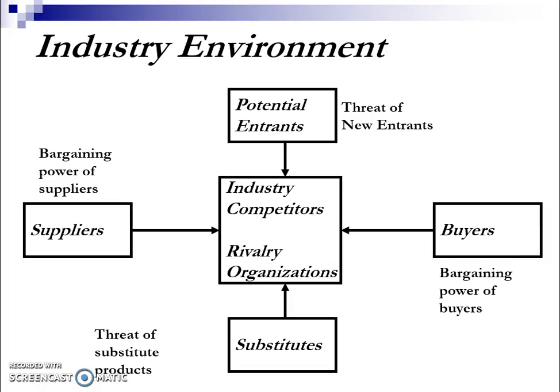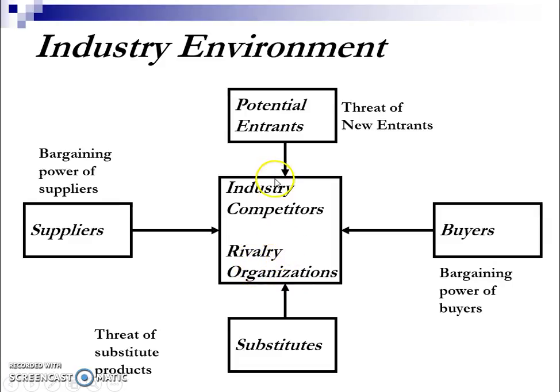The third component of the firm's external environment is the industry environment. Now the industry environment forces or components have been very well defined by Michael Porter in his books and articles on strategy. Porter argues that there are 5 major forces that constitute the industry environment of a firm. It includes the existing rivalry organizations.